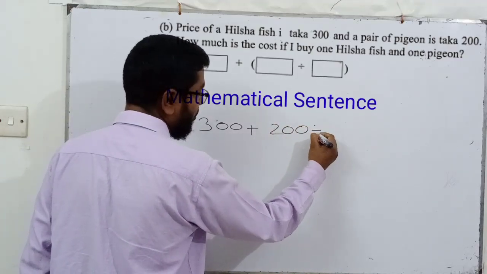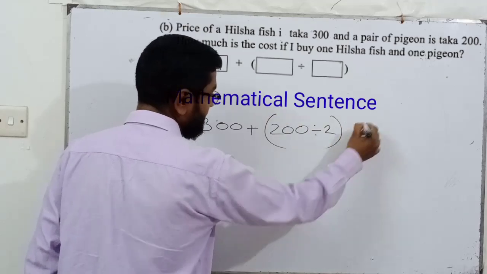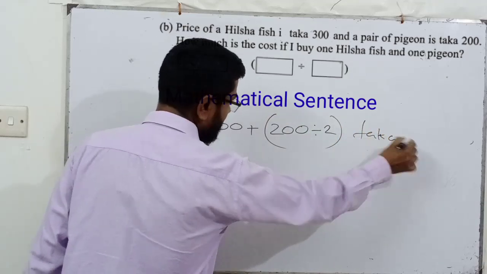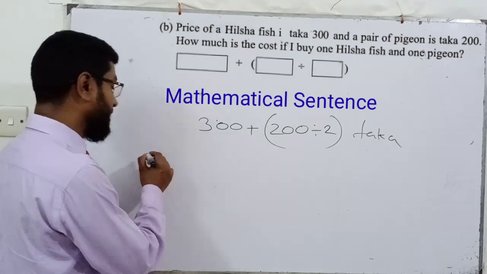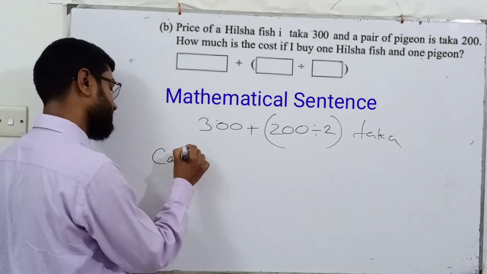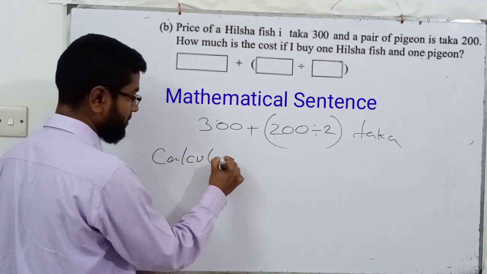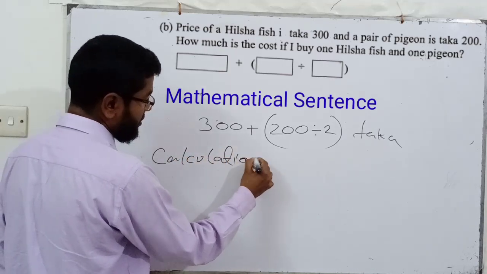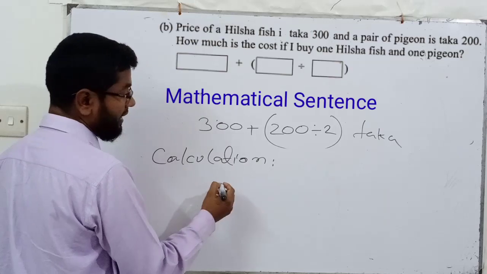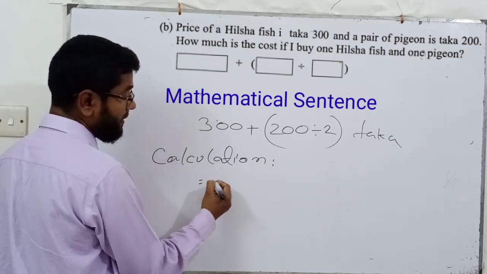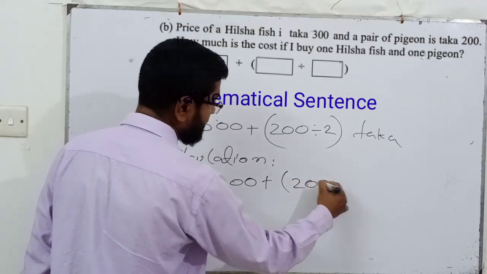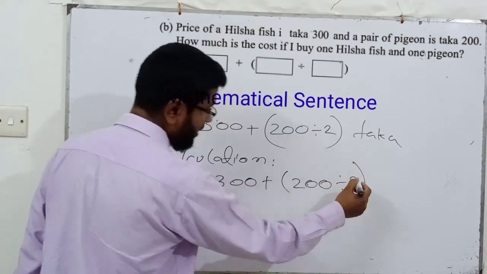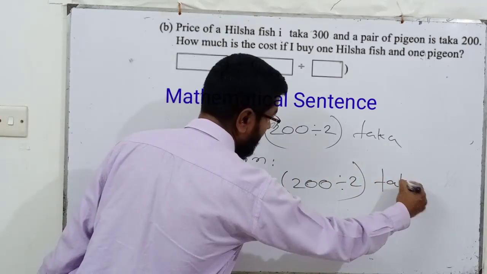I need to find out one pigeon, divided by 2. Then taka. Now you will calculate. Calculation will be what? 300 plus 200 divided by 2. We have to write this one and we have to write taka.